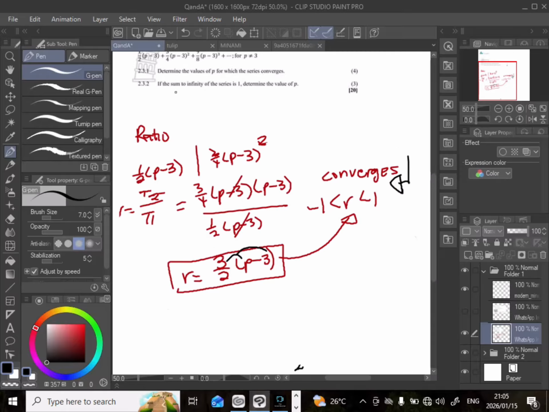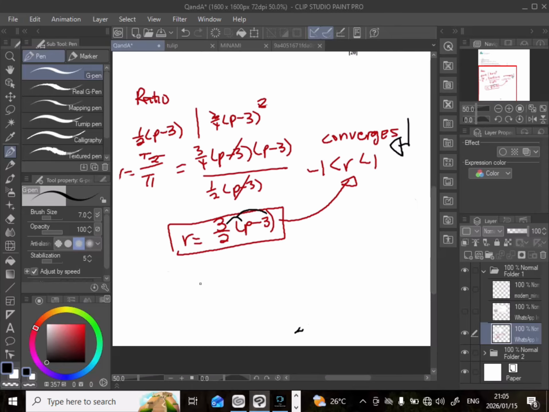Now, if the sum to infinity of the series is 1, then determine the value of p. Now, how do we do this? Remember, we have this formula for the sum to infinity: a over 1 minus r. So now we have to know the first term of the sequence, and also the value of r.